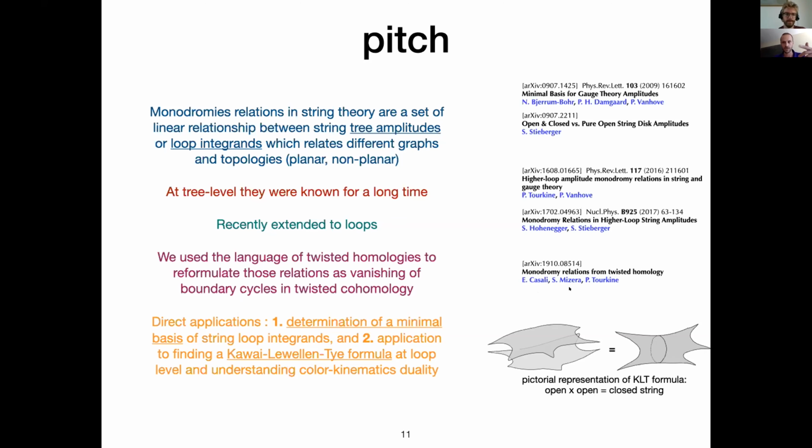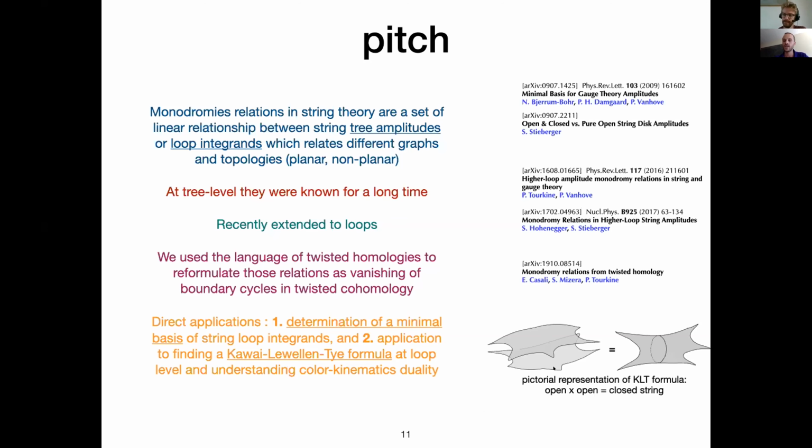This set of linear relationships between the string integrands tells you that they're not all independent. So there's a minimal number of them, and this twisted homology formalism gives you a way to compute this minimal basis at loop order. The second application is the KLT, Kawai-Lewellen-Tye framework that Federico mentioned yesterday.